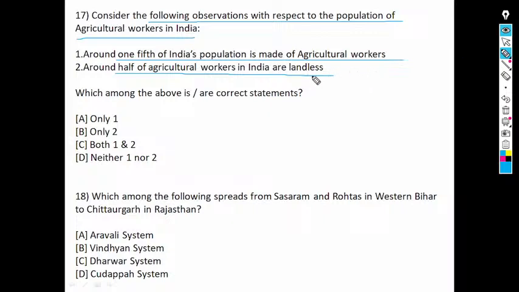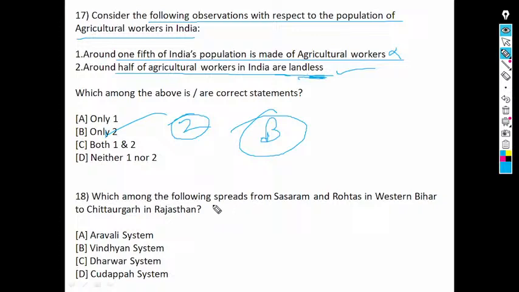So around one-fifth, about 25%, are agriculture workers. Even if it is more than that, half of the agriculture workers in India are landless. Yes, it is correct. So only 2 is correct, so the answer is B.